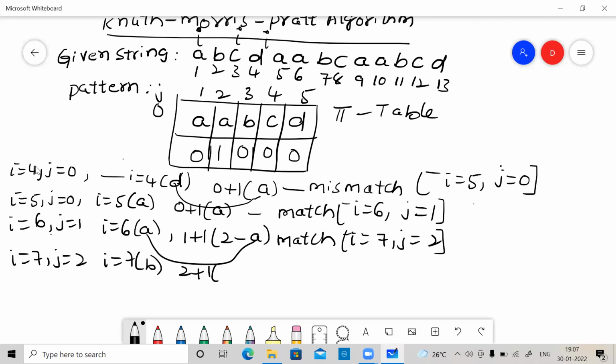J plus 1 we have to consider always. J plus 1 is 3. At index 3 we will be having B. So again these two values are same. At I is equal to 7 you are having B. At J plus 1 you are having B. So match. Again if both are same, increment I value and J value.